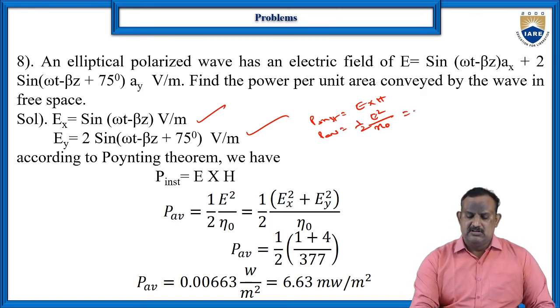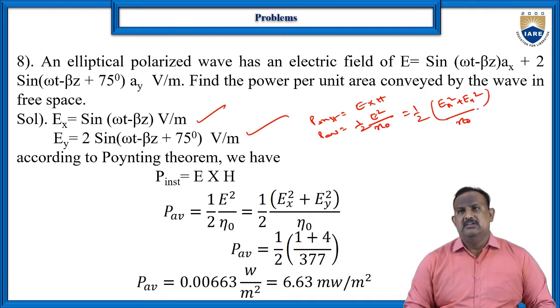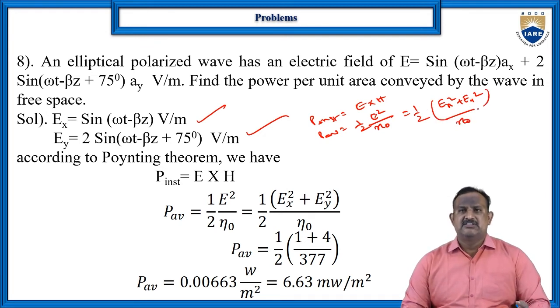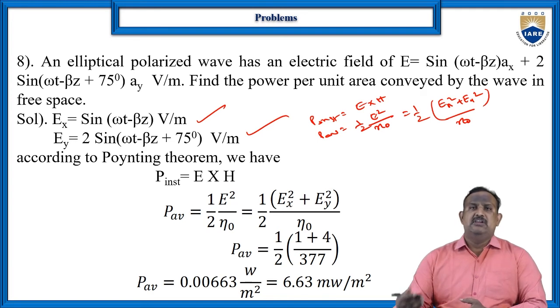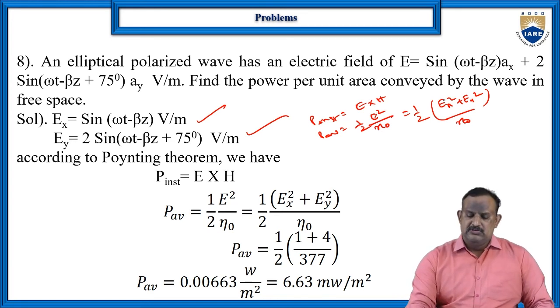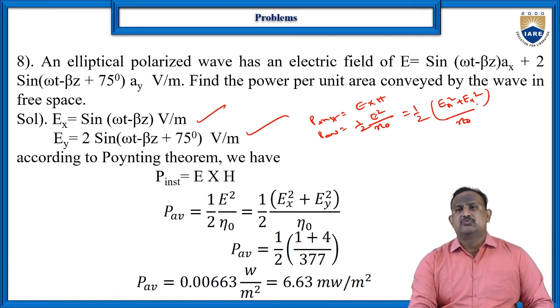Therefore, E square is half into (Ex square plus Ey square) by eta naught, where the amplitude of Ex is 1 and the amplitude of Ey is 2. So Ex square equals 1 square, and Ey square equals 2 square.